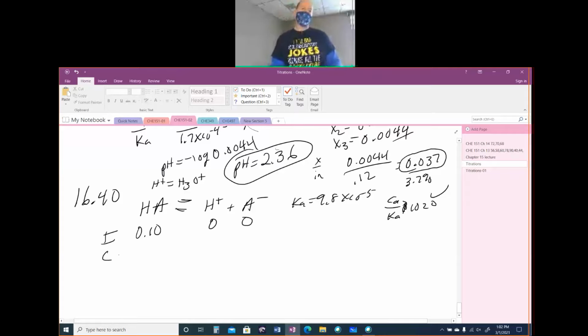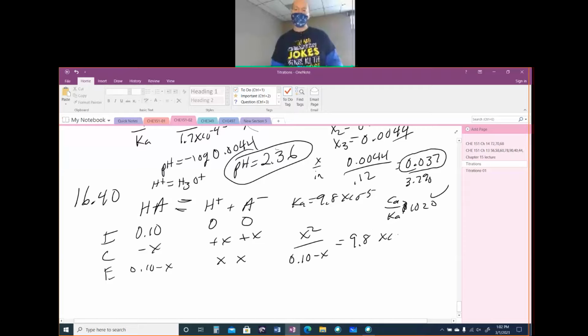All right, and so you go minus x, and then at equilibrium, 0.10 minus x, and x. So x squared over 0.10 minus x is equal to 9.8 times 10 to the minus 5. Again, make sure you got the Ka reaction and you're using the Ka constant, and that is what we are doing.